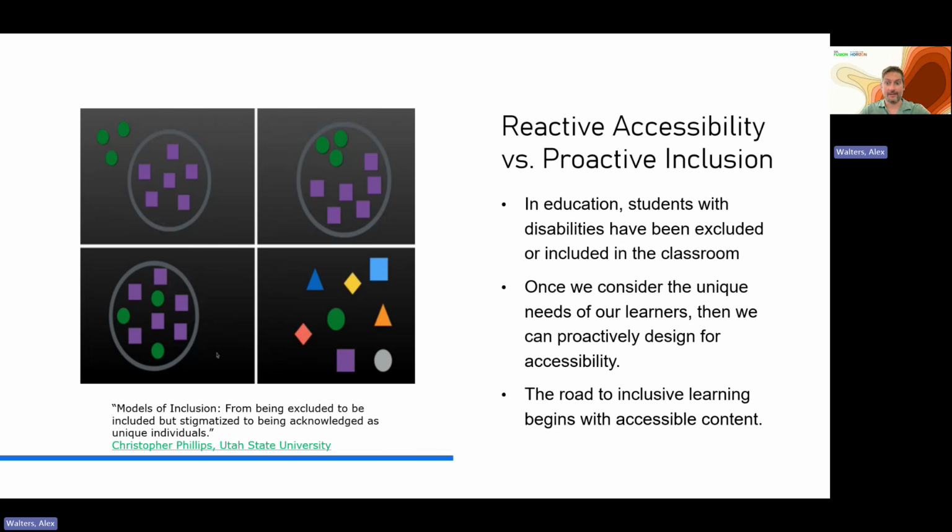So ideally, we want to get to this square, which is on the bottom right of this image, where there are no boundaries, and we meet learners where they are in terms of preference and need by designing thoughtfully from the very beginning. So overall in higher education, we've moved from excluding learners to including them, but oftentimes in ways that still can create stigma or barriers. So we want to emphasize that our guiding light at MUSC was that true inclusion happens when we recognize learner variability and preferences and we design accordingly.